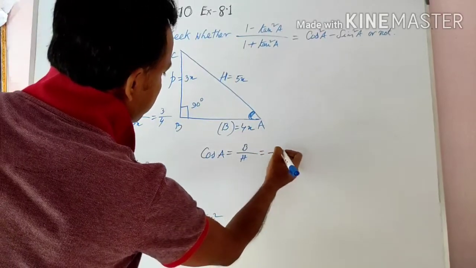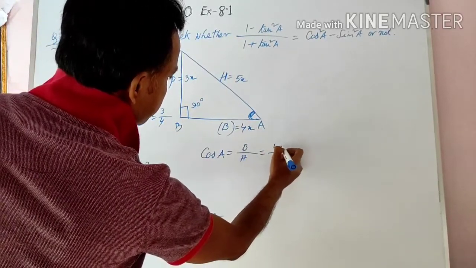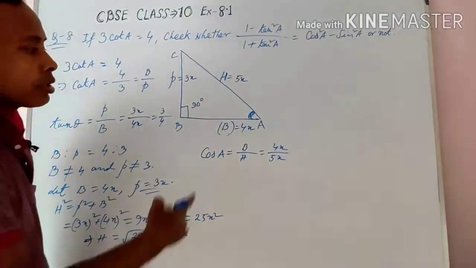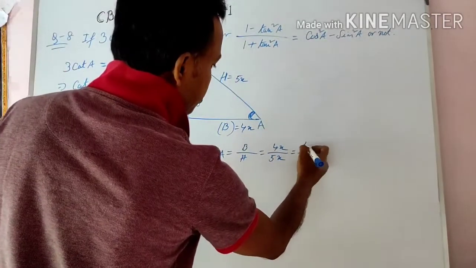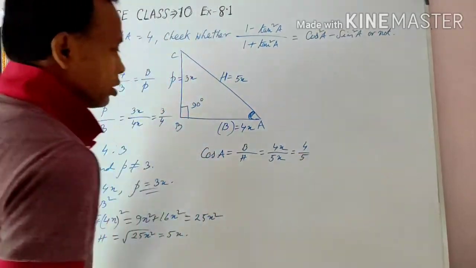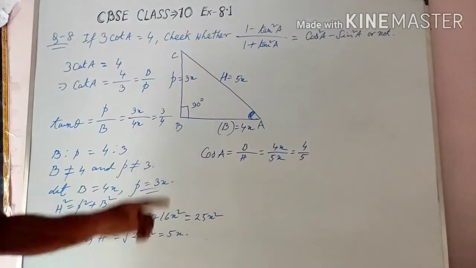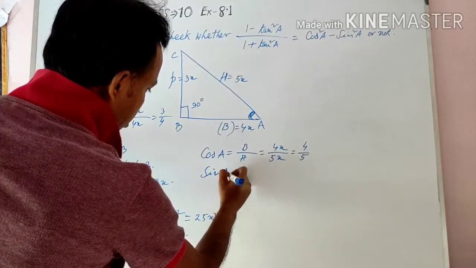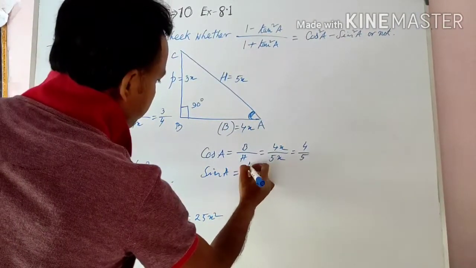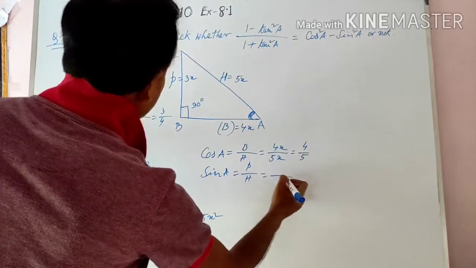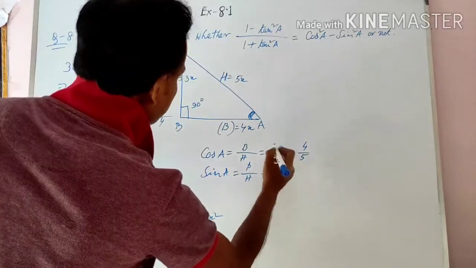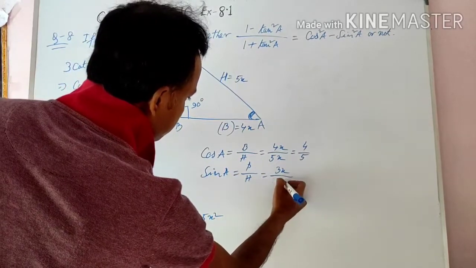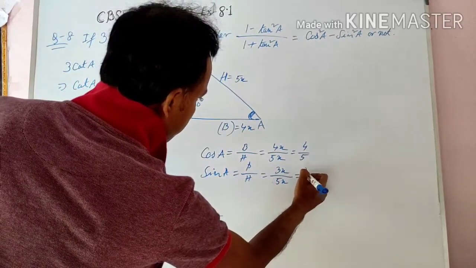Put the value, base is 4x, hypotenuse is 5x. So x cancels out, that is 4 by 5. That is cos A. Sin A is equal to perpendicular by hypotenuse. The value of perpendicular is 3x, the value of hypotenuse is 5x, is equal to 3 by 5.